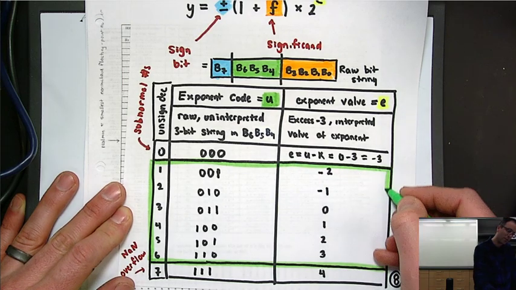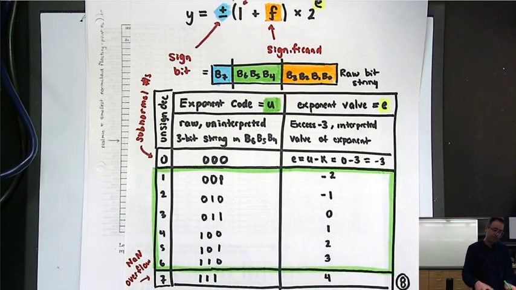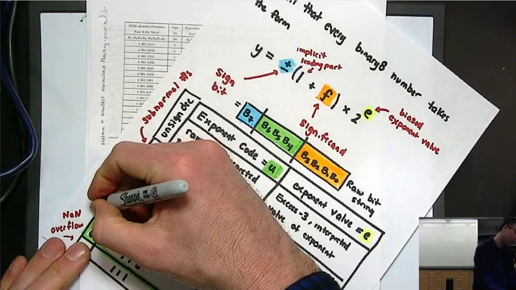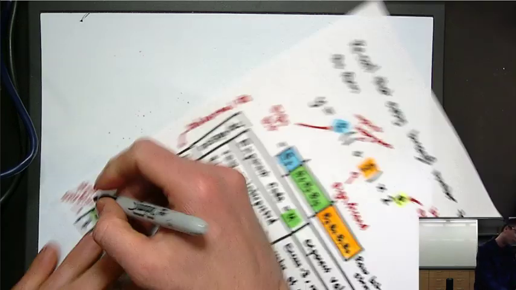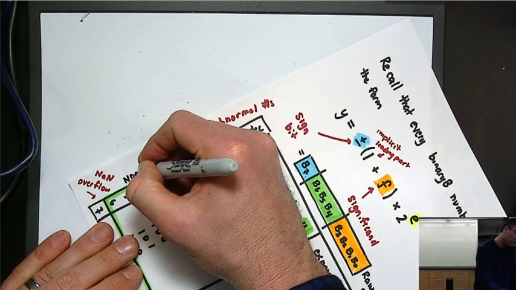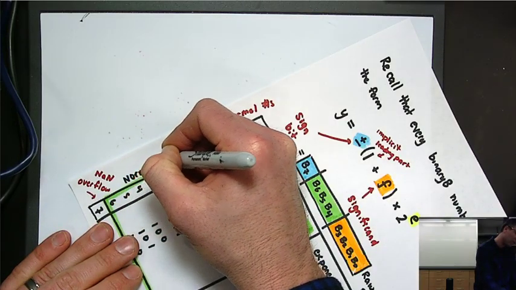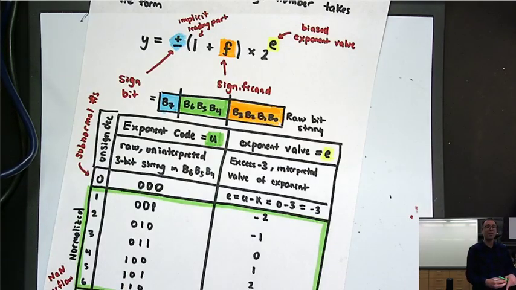Right in that sweet spot. These are what we call normalized floating point numbers. And that has a very, very special meaning.